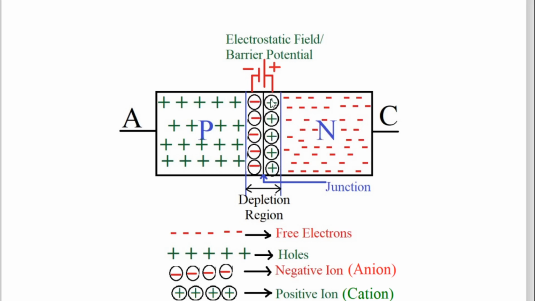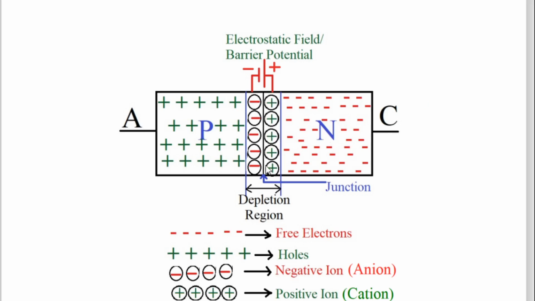So the atoms on the right hand side of the n-type material lose the electron, and upon losing the electron their negative charge is decreased, meaning positive charge is increased, and therefore at the junction on the right hand side the atoms that have lost the electron are marked by the plus sign, and it is called the positive ion, that is cation, and therefore this terminal is cathode.